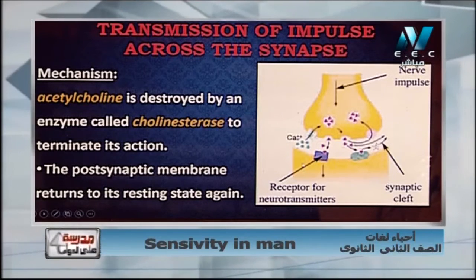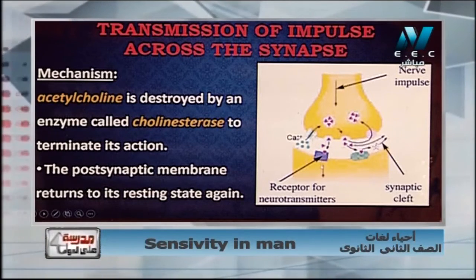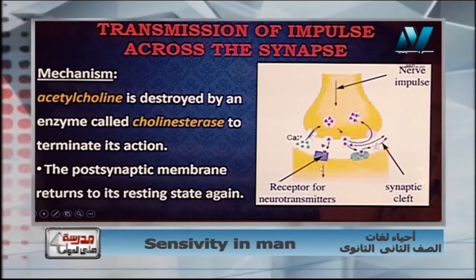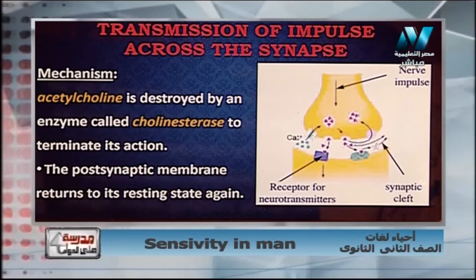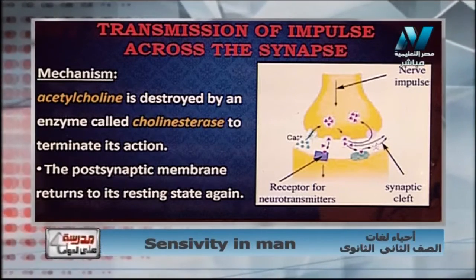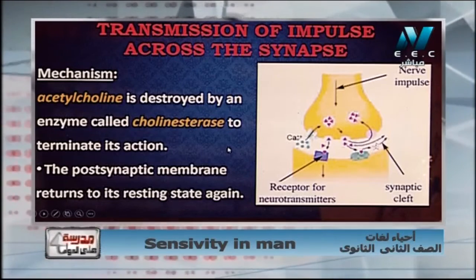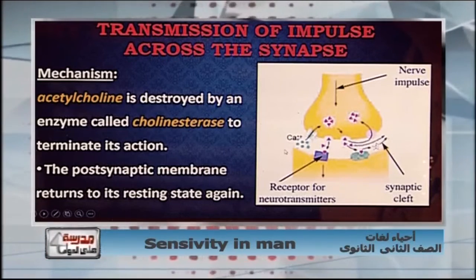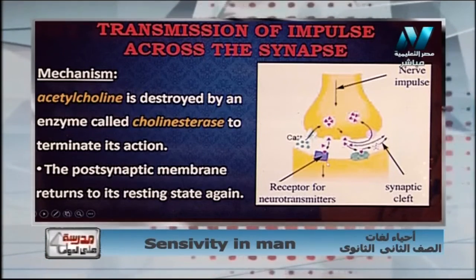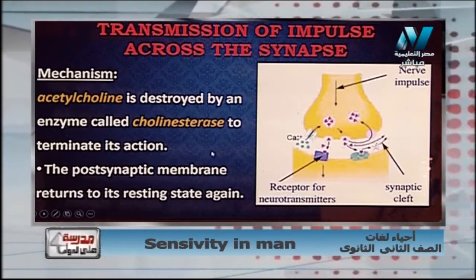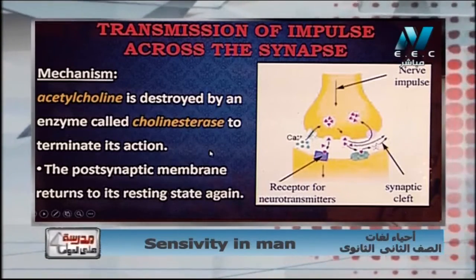The postsynaptic membrane returns to its resting position, so it regains its physiological properties and becomes a selective semi-permeable membrane again, and doesn't allow anything to enter it.